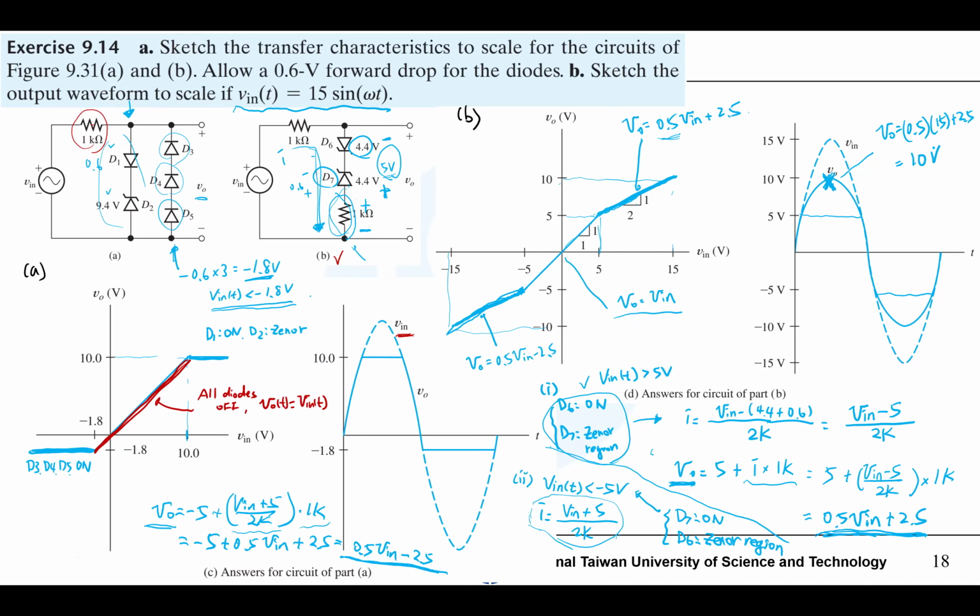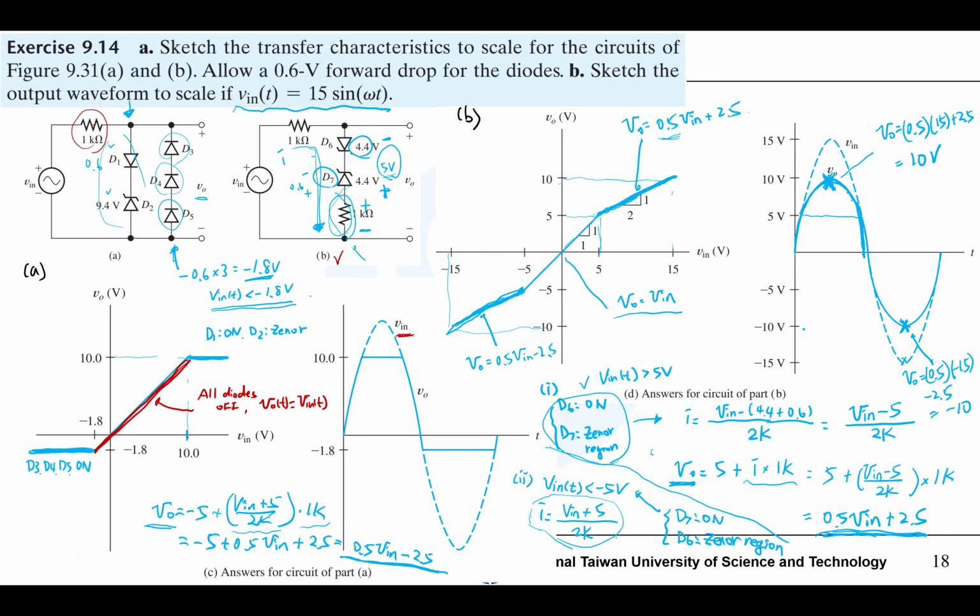It should be 10 volts. So we can approximate this curve. Same thing here by using another equation, we have VO equals 0.5 times minus 15 minus 2.5, which is minus 10.